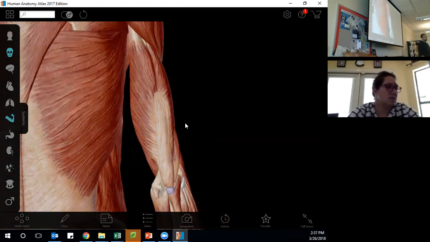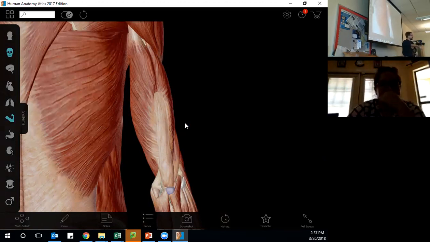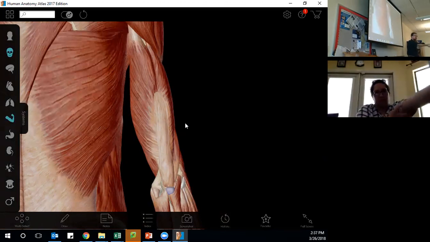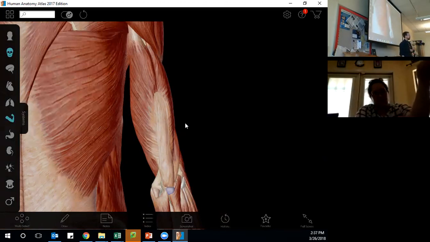What's its action? Extension of the elbow. So if it crossed into the humerus, then it wouldn't cross the elbow. So what bone is it inserting to? The ulna. So the olecranon process, right in through here. That triceps tendon crosses the humeral-ulnar joint and inserts into the olecranon. So you can feel it go full extension, and as you flex and relax, you can feel the tension in that triceps tendon come and go. The olecranon process of the ulna.